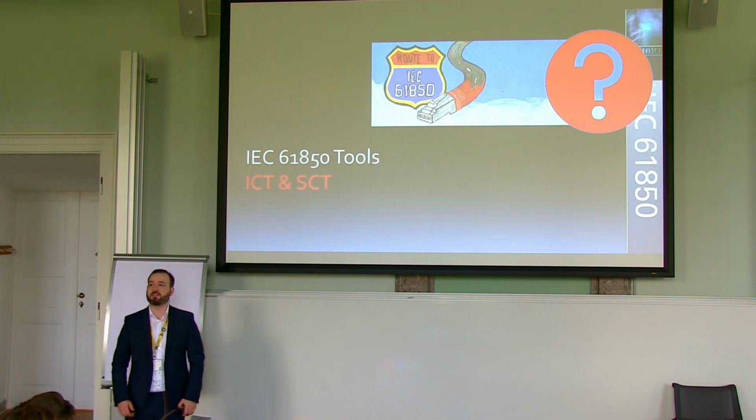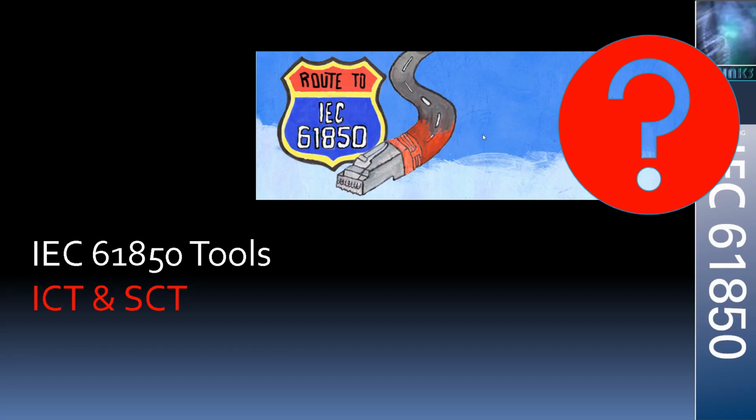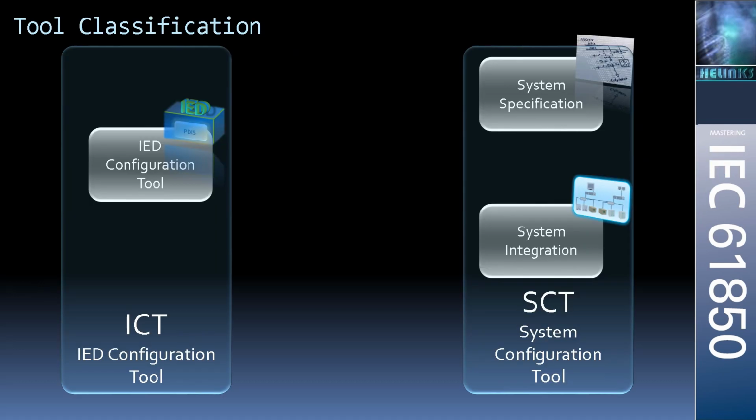And just as a quick summary, when we talk about 61850 tools, we have ICTs and SCTs as the two main players. The ICTs, also often referred to as the vendor tools, are usually supplied by the manufacturer with an IED, and they are used to configure the IED, and in many cases they also allow building complete systems.